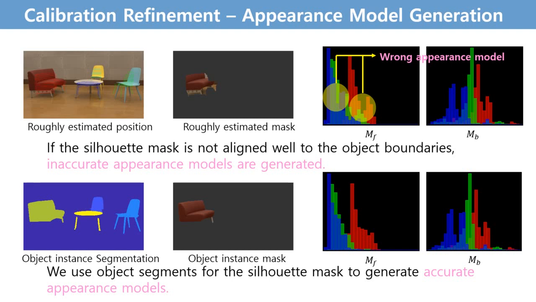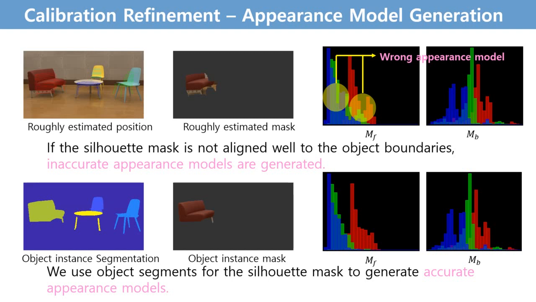First, we can think of creating a color model in a projected location. But at this time, the extrinsic parameter was only roughly estimated, so it is easy to make a wrong color model. To avoid this problem, we used object segments for generating a correct color model.